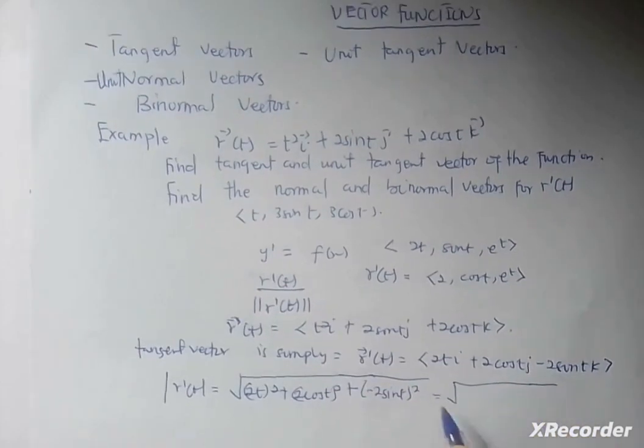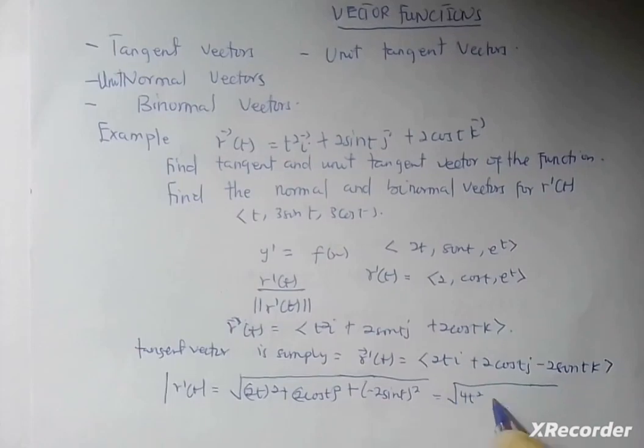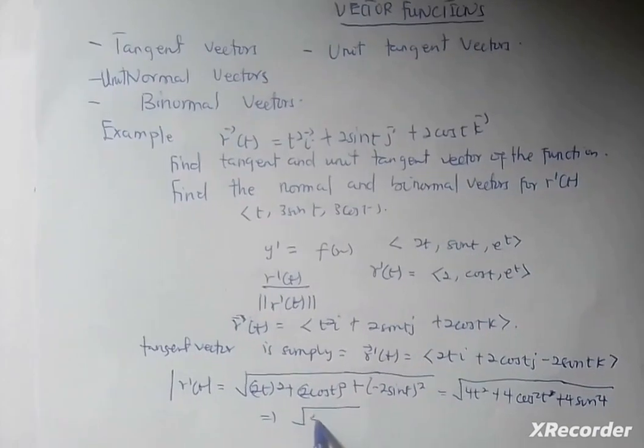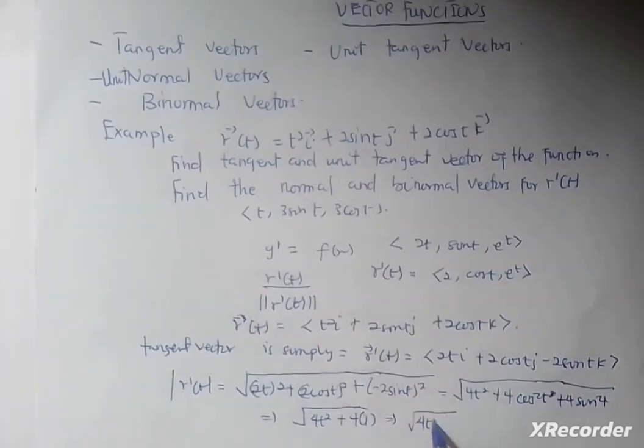The 2t all squared gives me 4t squared, plus 4 cos squared t, plus 4 sine squared t. Remember from trigonometric identities that cos squared plus sine squared gives you 1. So this is simply equal to the square root of 4t squared plus 4 multiplied by 1, which is the square root of 4t squared plus 4. Let's leave it here.